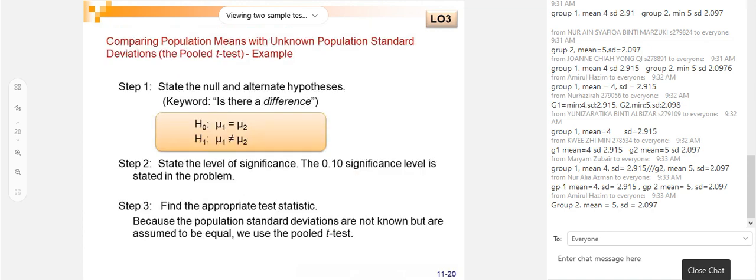What we do, we develop the hypothesis. That means step number 1. Step number 1, we say H0: mu1 equal to mu2; H1: mu1 not equal to mu2. You tengok ni simbol matematik.